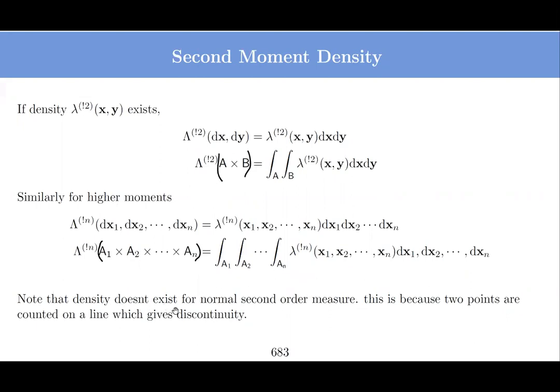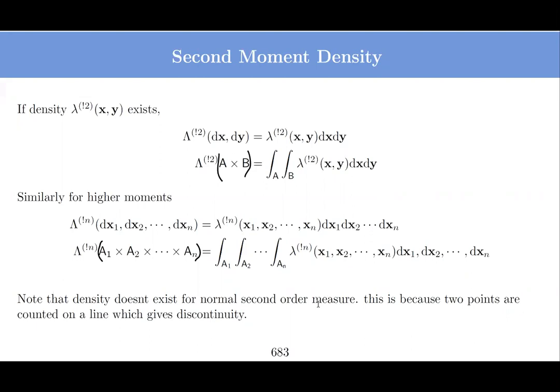Note that the density does not exist for the regular second order moment, because there we are counting some pairs twice. If you imagine A cross A, there would be a line at 45 degrees where the points are repeated.